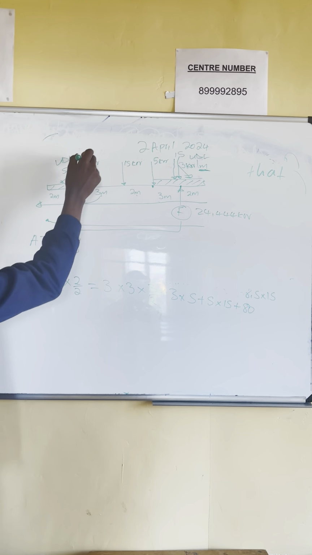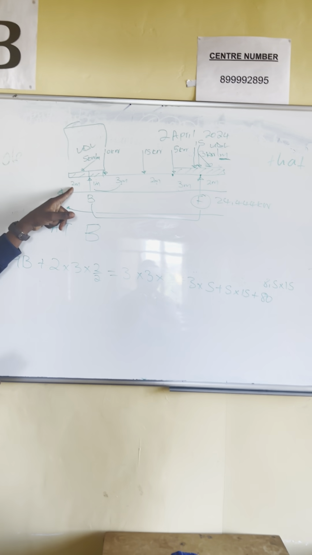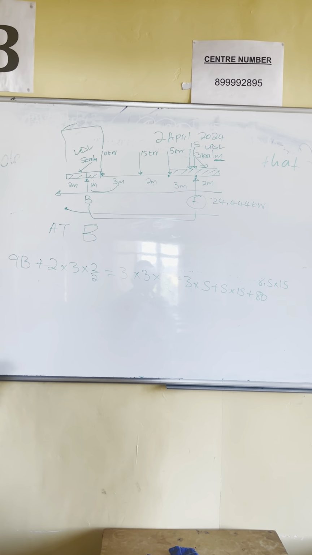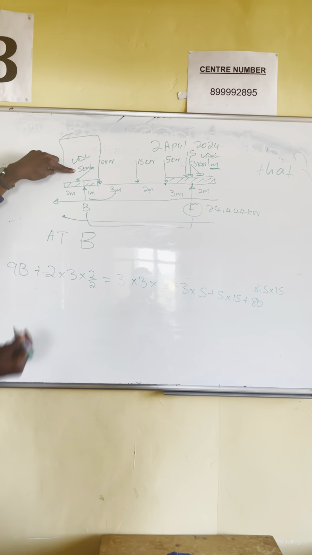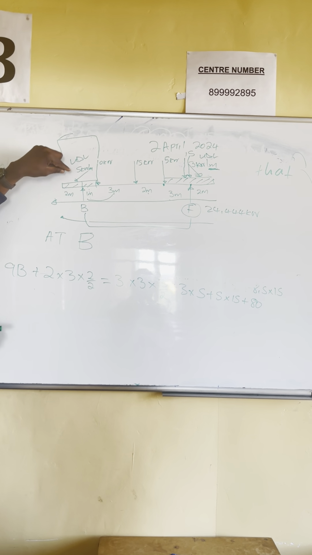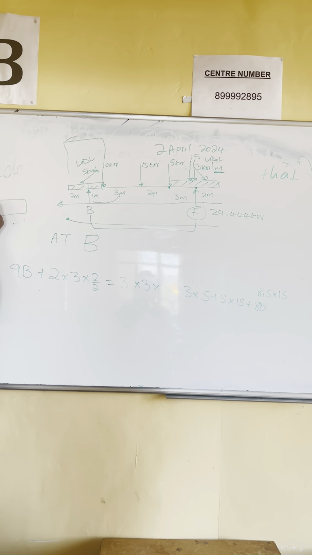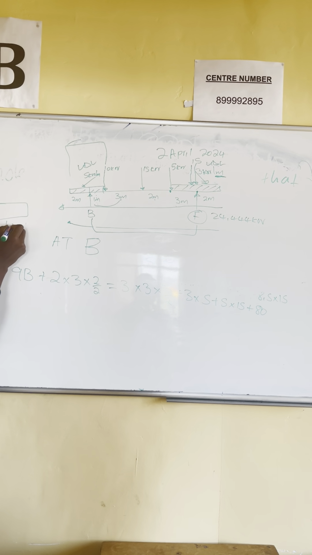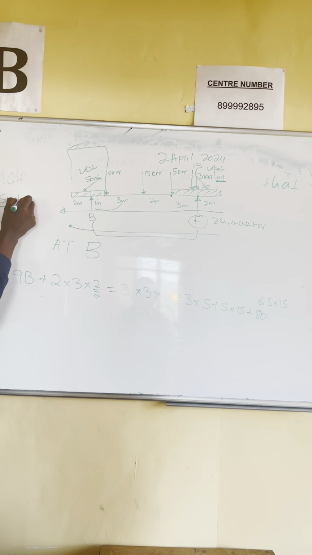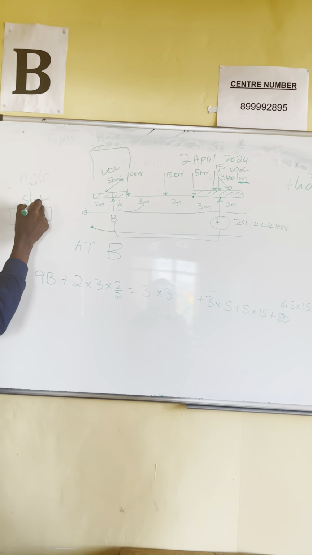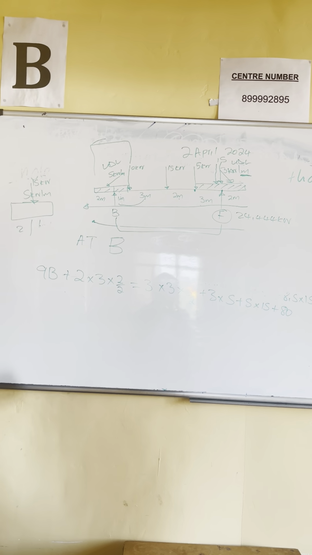So before you deal with this, you have to make sure that this 2 meter and this 1 meter, you have to add and multiply by this, because we are approaching this side, and multiply by this 5. So it will be something like this. It is 2 and 1, and then here is 5 kilonewton per meter. Now when you multiply by this, it becomes 15 kilonewton. You are having a normal force.